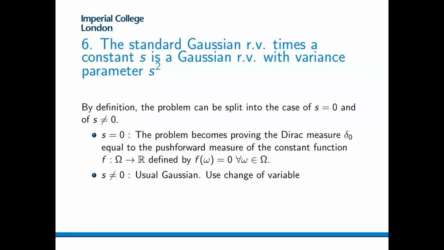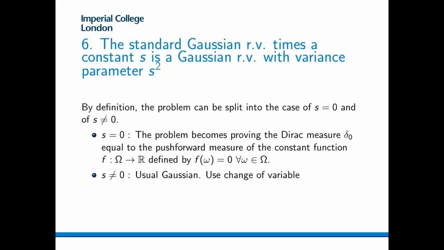The sixth important result: the previous result deals with the standard case to non-standard in the mean parameter, and the sixth is the standard case to non-standard in the variance parameter. As in our definition, we define the Gaussian random variable in two cases.